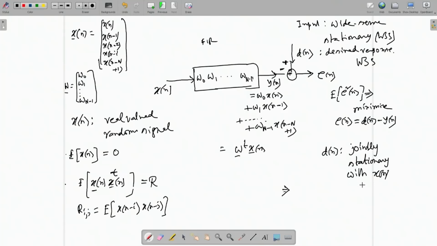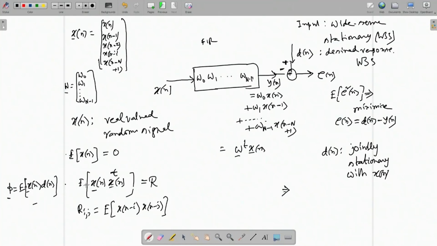Therefore, another vector that we consider here is P, which is the expected value of x n times d n. If you multiply d n with the x n vector, see, all vectors are denoted with an underscore. Yes, I should have mentioned this.